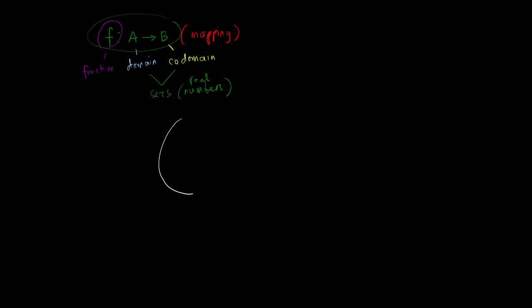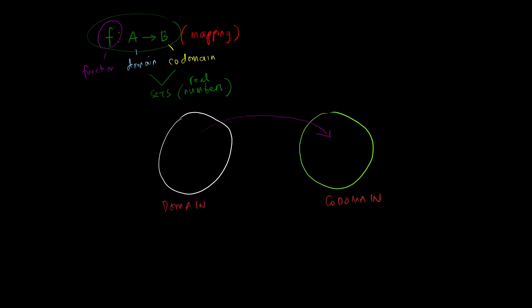Now we have two sets here, the domain and then the codomain. Let's have it in green. So if a function is a mapping from the domain to the codomain, in the figure it must be like that. This is our function f.